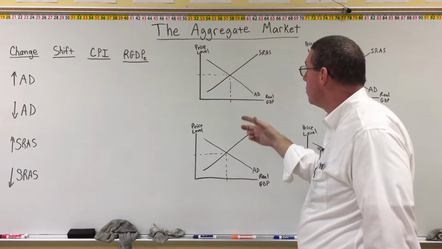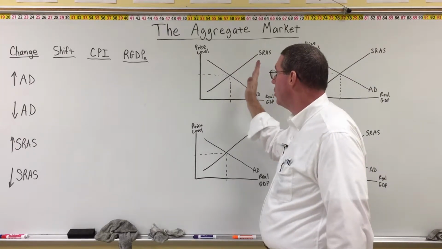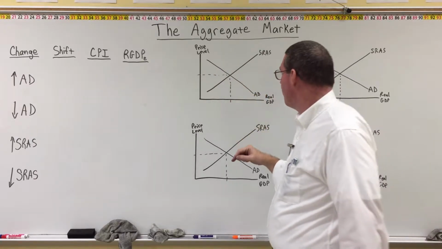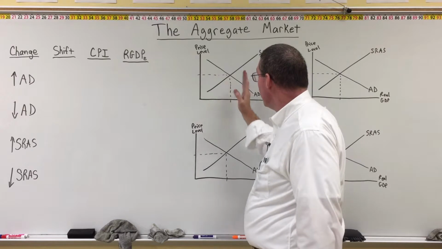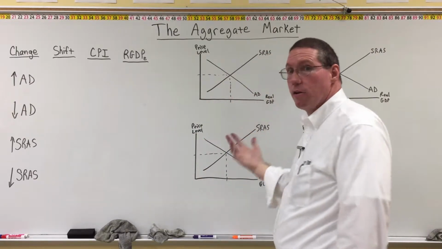Well, I want to remind you that our curves do not go up or down. They do not shift up or down. They shift left and they shift right. And so we have to figure out, is left an increase or a decrease, and is right an increase or a decrease?